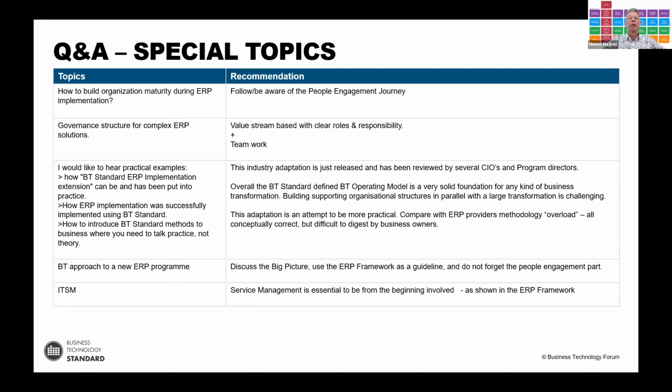So it goes back to this business technology standard. We have this minimal viable governance model. We have the enterprise level, then we have the value stream, and then we have the end-to-end implementation flows or development flows. So the ERP transformation sits there on the value stream level. And that would be our suggestion on how to govern a complex ERP solution.